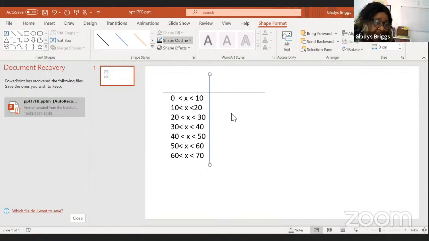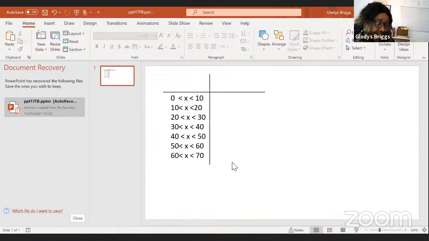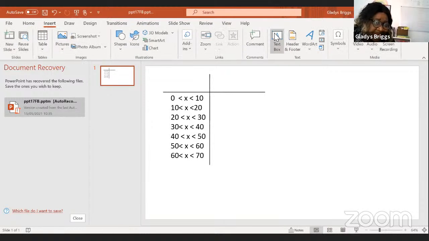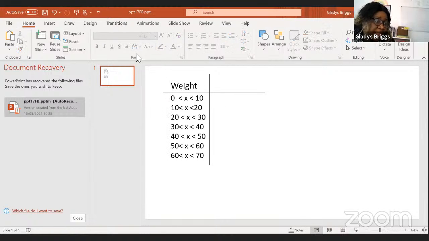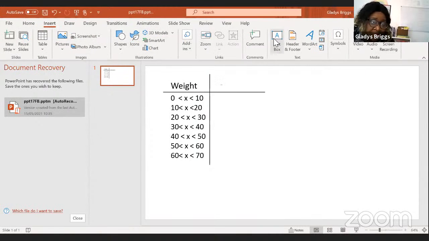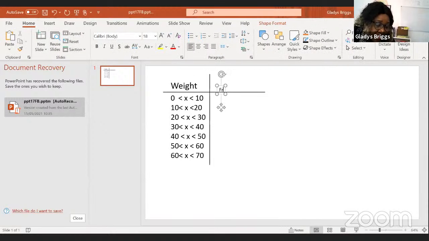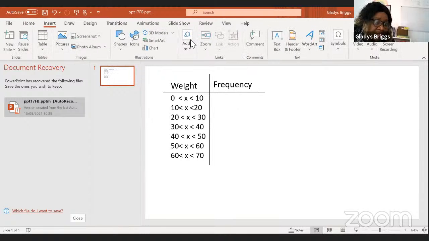Shape outline black, and what was this for again? I would rather do it here because I don't trust this internet anymore. It's just throwing away all my data that I've typed. Okay, and then I'm going to put another one in for frequency.